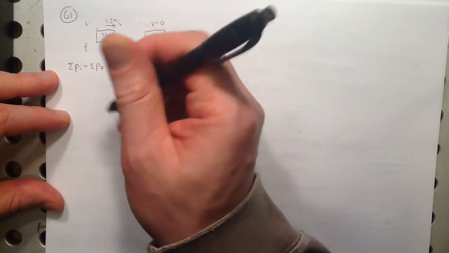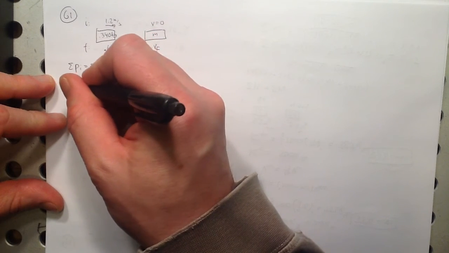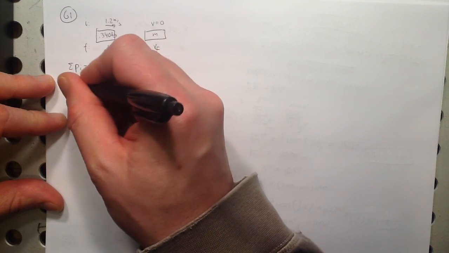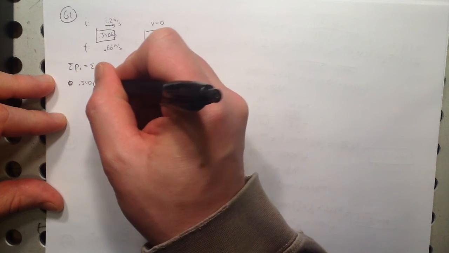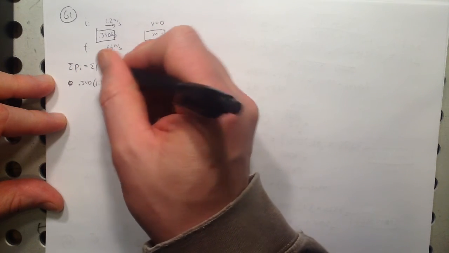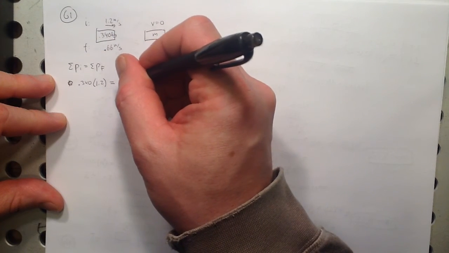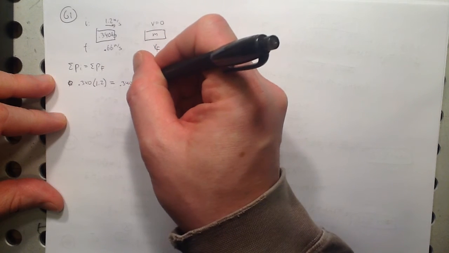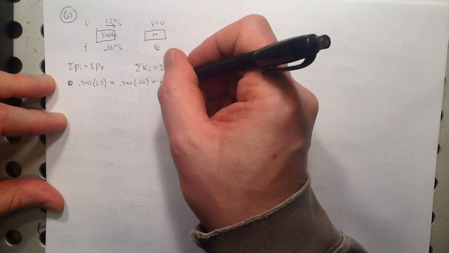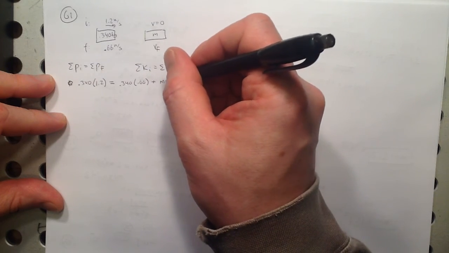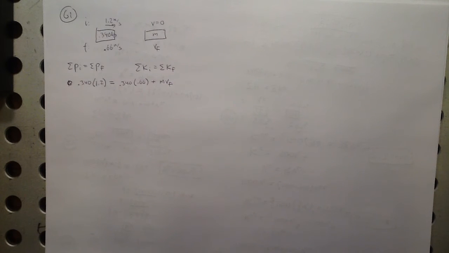So let's see, before, the only thing moving is this cart, so that's mass times velocity, and afterwards they're both moving. So I have mass times velocity plus mass times velocity of that cart. So I've got two unknowns here.